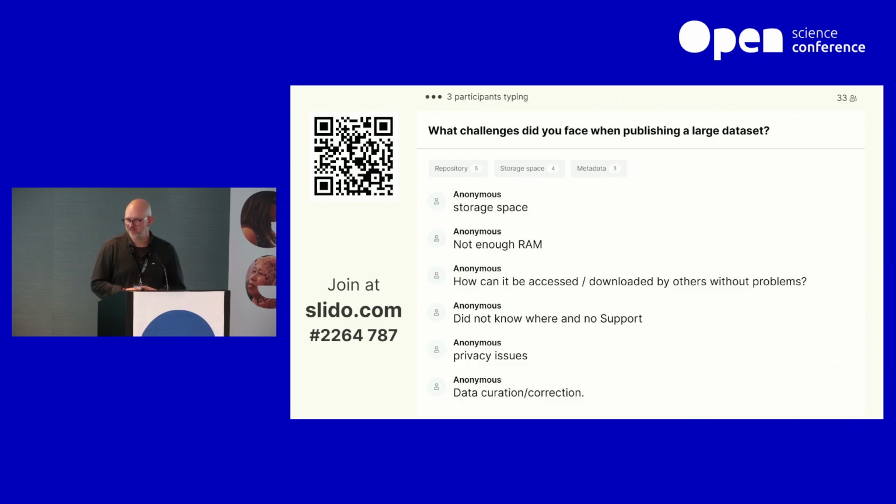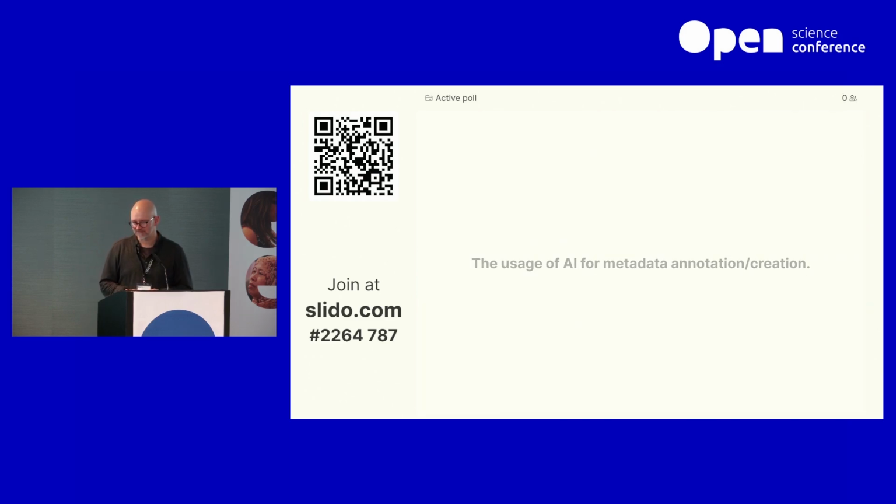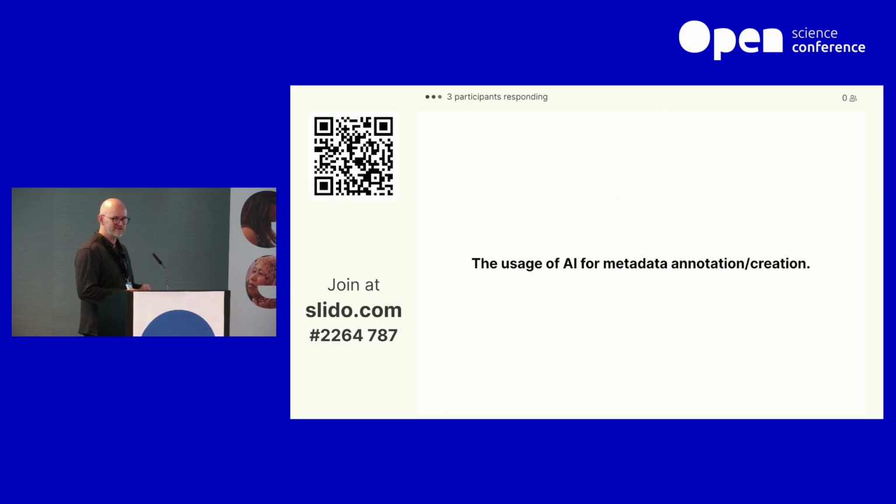Okay, the next question, please. The usage of AI for metadata annotation and creation. This is a big topic, as we have heard today in some of the talks and also in the discussion. And here we also have some questions. Can we see the questions?